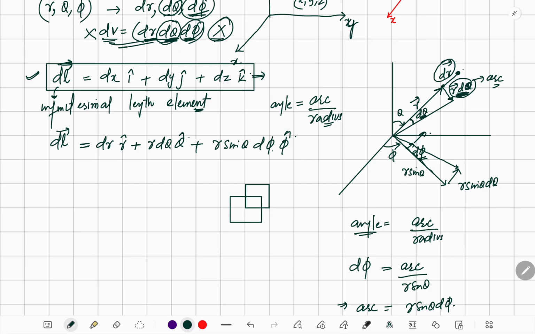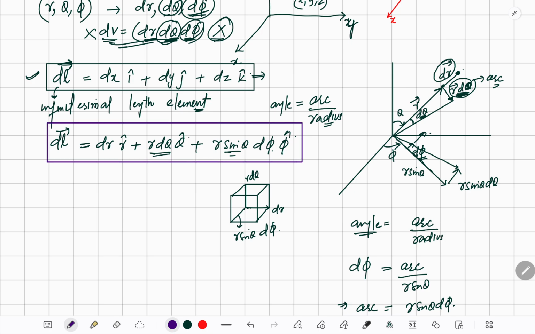So one is dr, another is r d theta, and let's call this one r sine theta d phi. So finally this is the infinitesimal length element in spherical polar coordinate system. Everything will come from here.